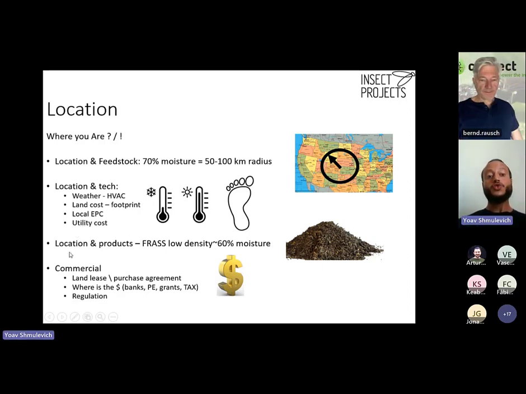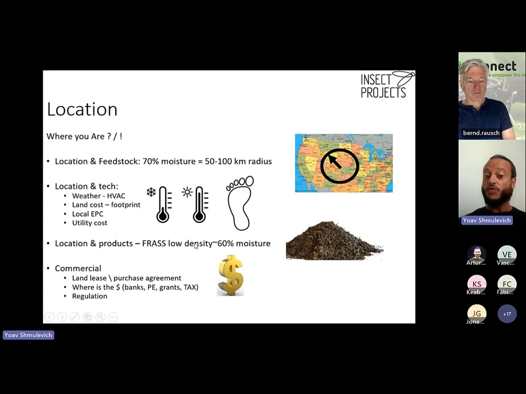The next connection to establish is between your location and your products. Well, here the connection for your main products, which are usually protein and oil, is not that strong because these products are very dense. They have very high value density, so it's quite easy to ship them around. However, your frass, that is a different story. Your frass has a low density.